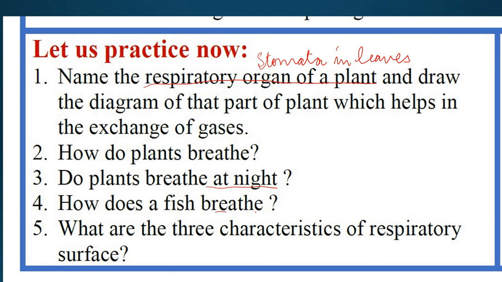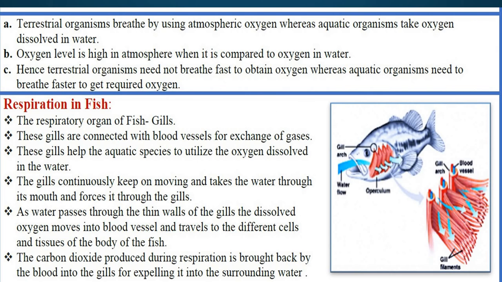Now, how does a fish breathe? You can write the whole part on respiration in fish from here. This is your answer number 4. You can draw this diagram also. Okay.